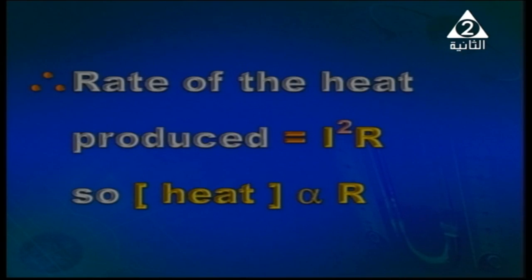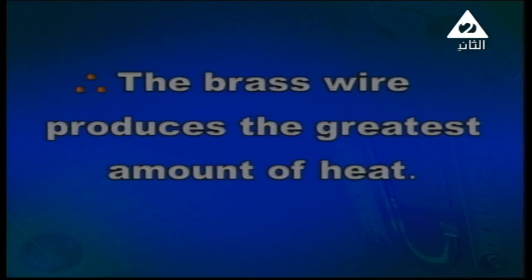So heat is directly proportional to the resistance. It means the higher the value of the resistance, the greater the amount of heat produced. So the brass wire produces the greatest amount of heat simply because it has the highest resistance.